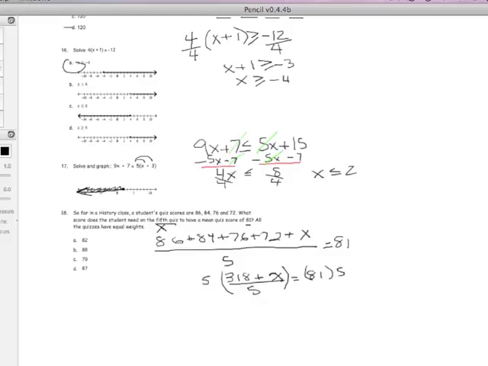These 5s are going to cancel. And we're going to be left with 318 plus x is equal to 5 times 81. That's right, 405. Subtract 318 from both sides.